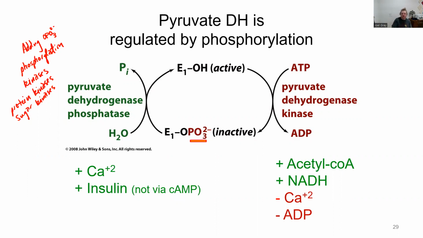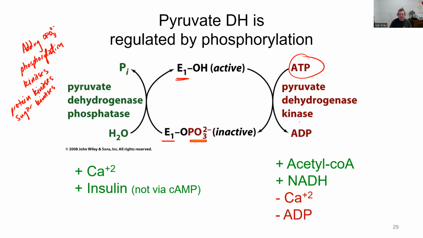Now, if you look at this model, we're seeing this E1. This is in reference to that E1 subunit. When that E1 subunit has received a phosphate group from ATP provided by pyruvate dehydrogenase kinase, well, then E1 cannot catalyze its reaction.